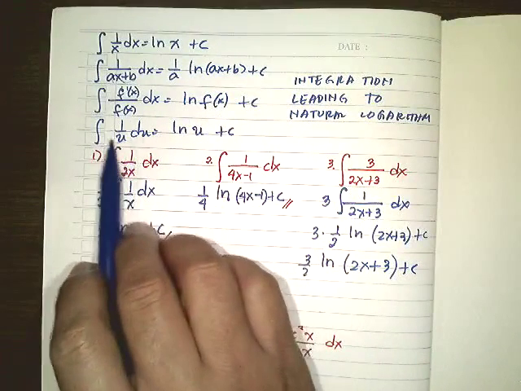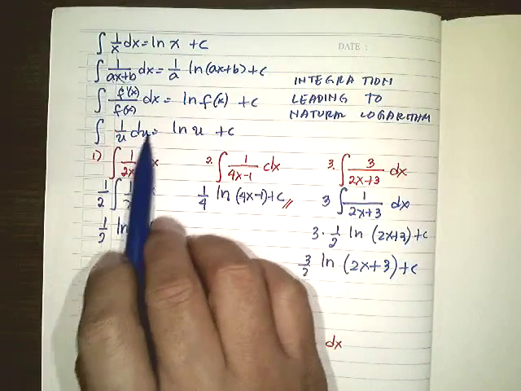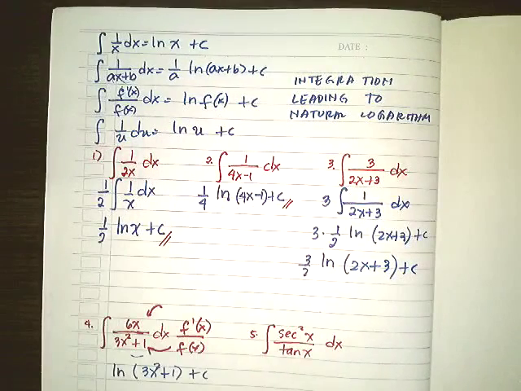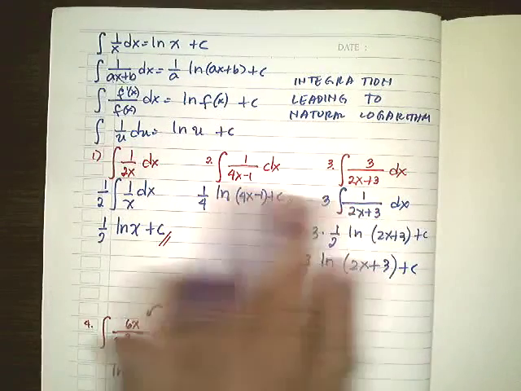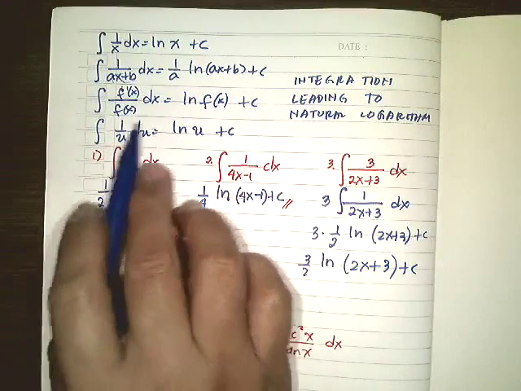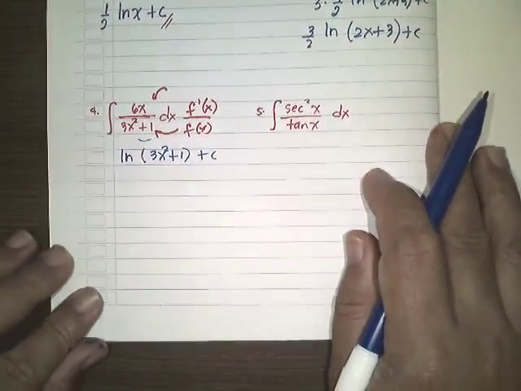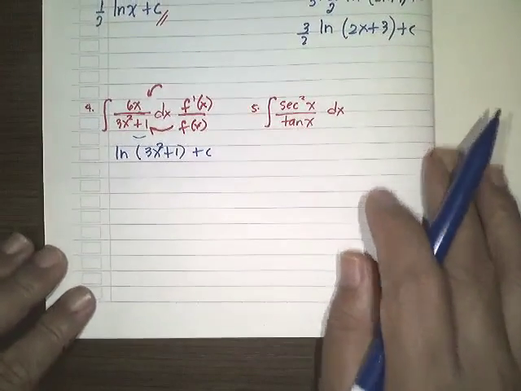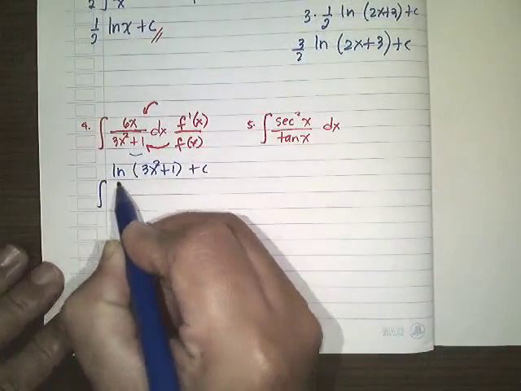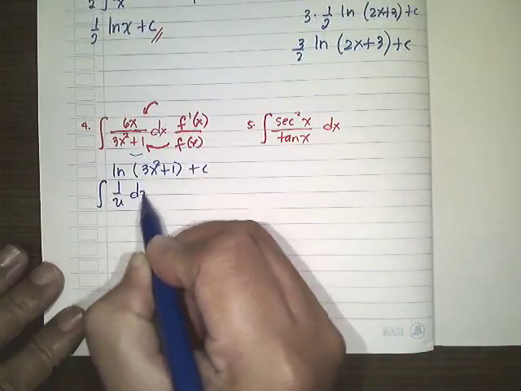Now let's try to figure out how we are going to use this formula to answer our question. Actually, all of this could be answered by this one formula, so it's actually better if you know it. That is integration by substitution. Let me write the formula. It's 1 over u du.